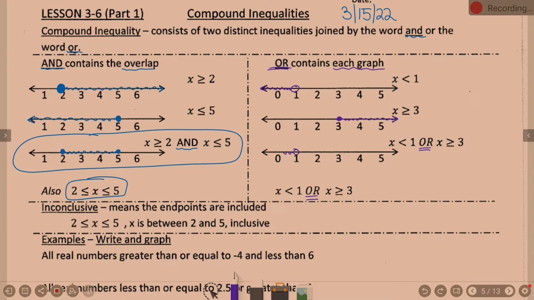Where's x less than 1? X less than 1 is left of 1. Where's x greater than or equal to 3? 3 and to the right. So in a traditional or statement, the shading goes out both ends.